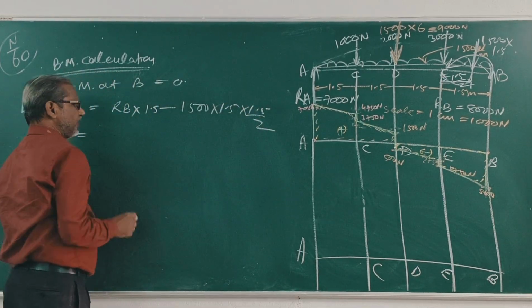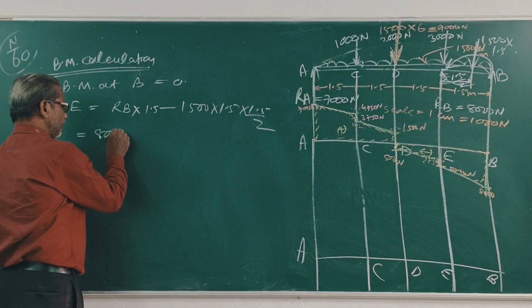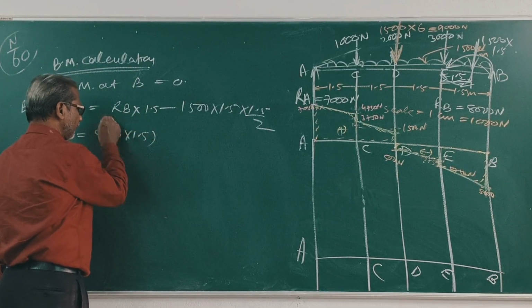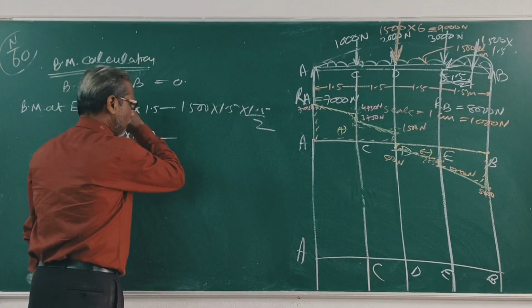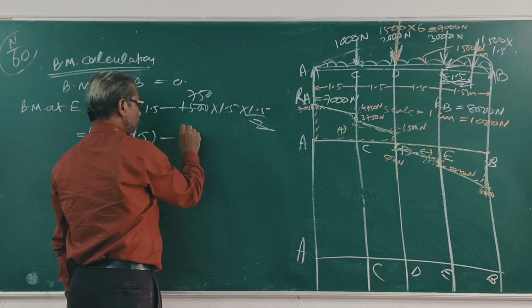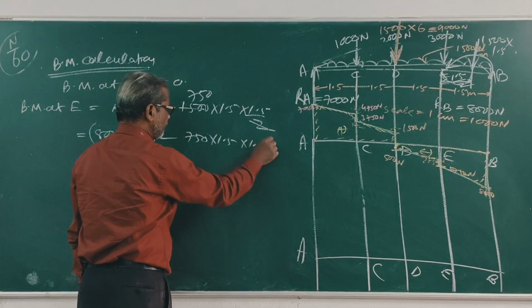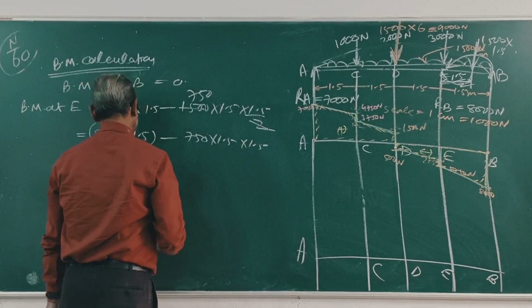What is RB? 8000 into 1.5 minus this is 750. 750 into 1.5 into 1.5. Clear?